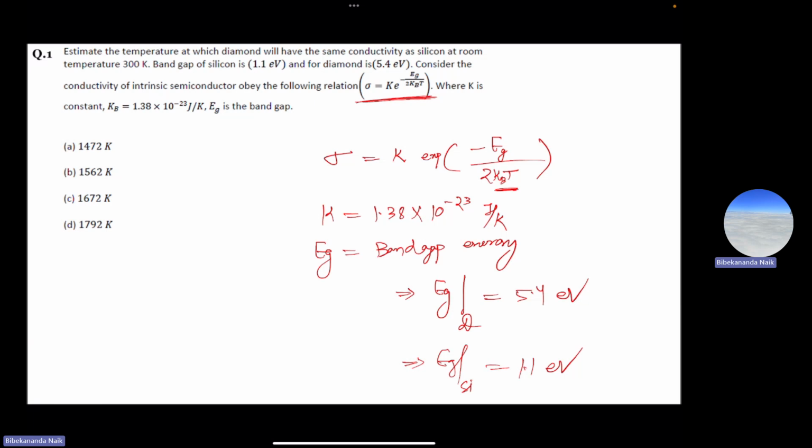So if we solve it, then sigma for silicon will be K exponential minus Eg. Eg is 1.1 for silicon, divided by 2 kB into T, and T is 300 for silicon.